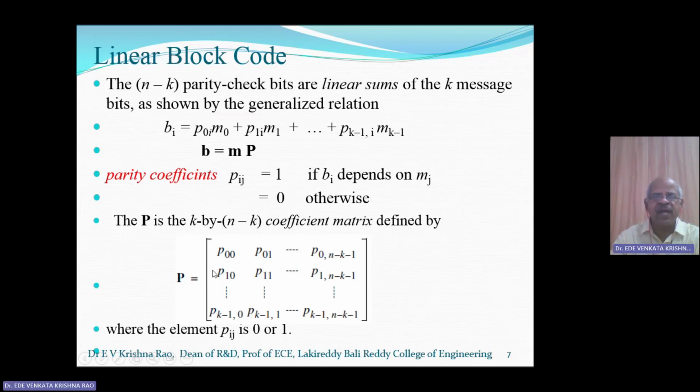So the parity coefficient matrix has order k by n minus k. Each row is p00, p01, up to p0(n minus k minus 1), the parity coefficients, and similarly p10, p11, and so on, up to p(k minus 1)0, p(k minus 1)1, up to p(k minus 1)(n minus k minus 1).